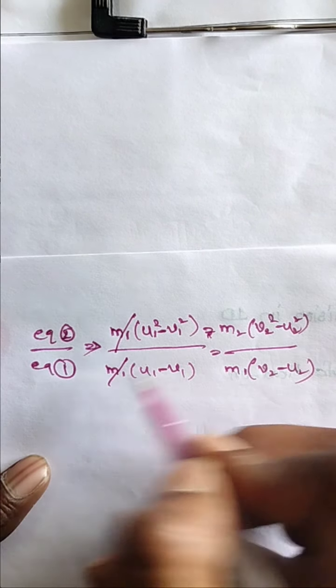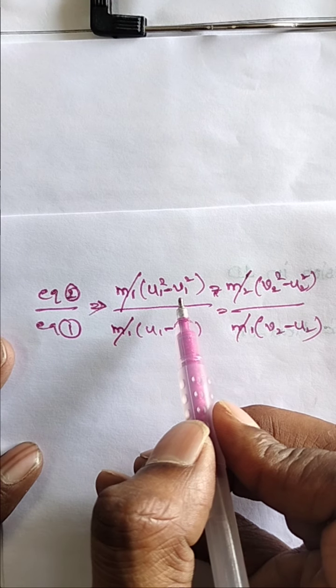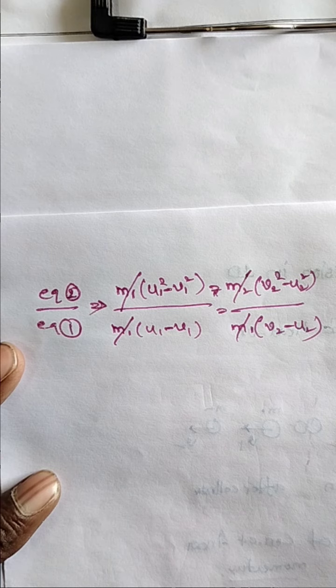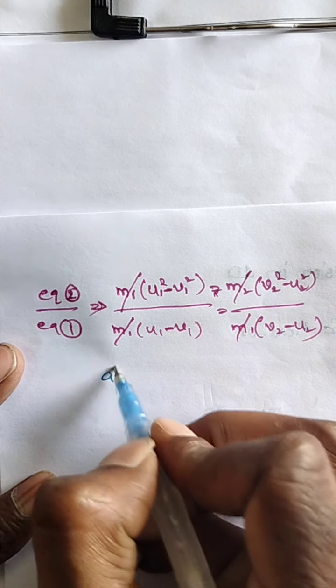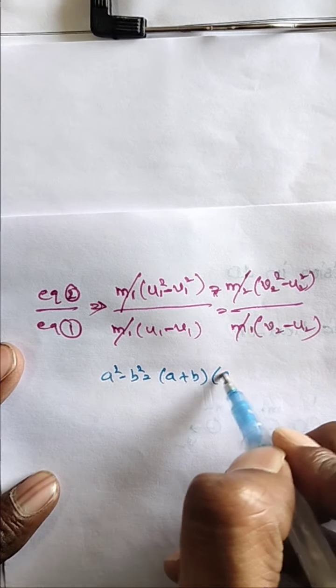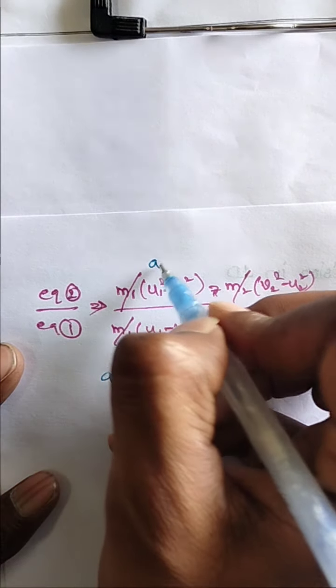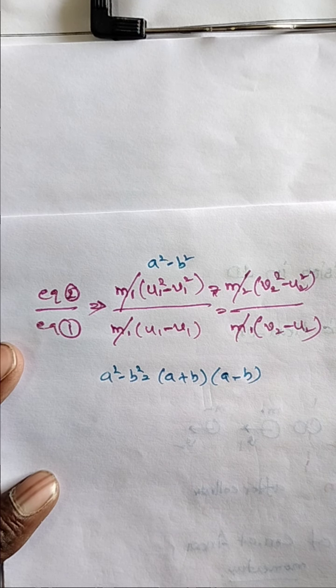m1 m1 cancel, m2 m2 cancel. Here I am taking a square minus b square. What is the formula? We know that a square minus b square is equal to (a plus b) into (a minus b). So you can apply it.